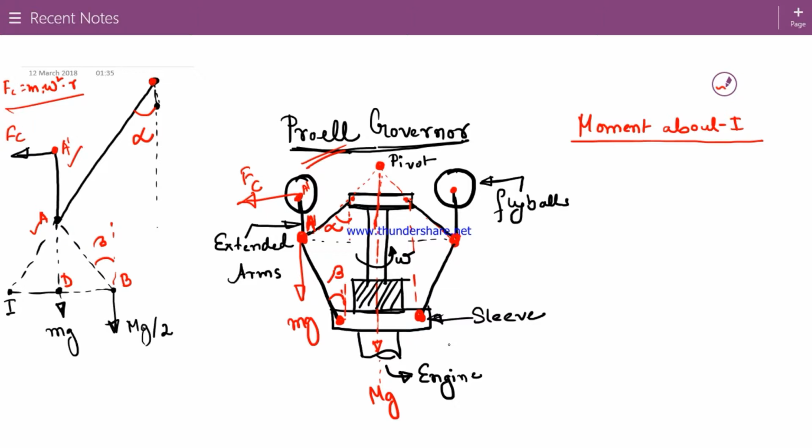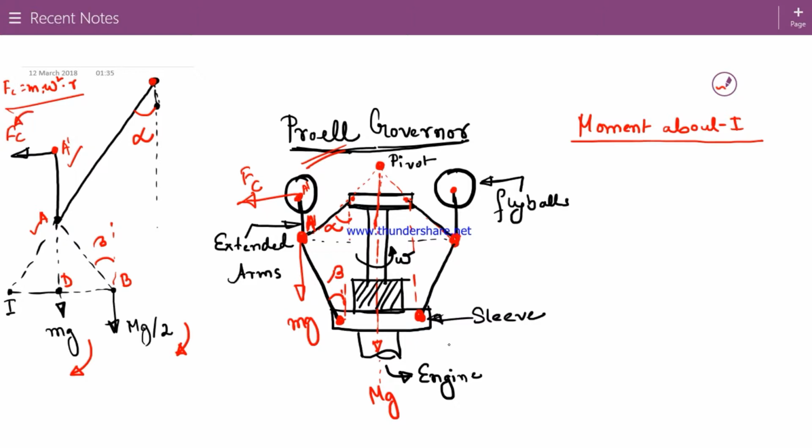Yes, so it will try to move the I point in a clockwise direction. In the same way, both small mg and capital Mg by 2 will also try to move in the clockwise direction. And this Fc force will try to move the instantaneous center in the anti-clockwise direction.